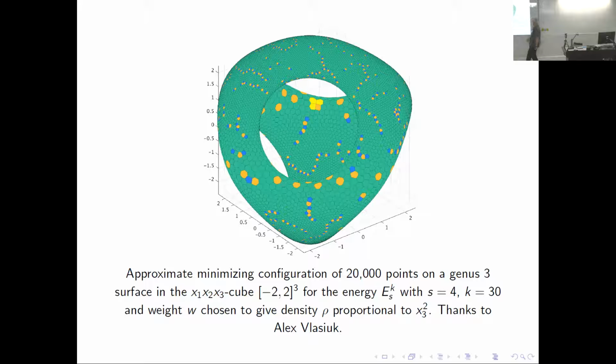Alex chose to make the density proportional to the third variable squared, just for an illustration, not for good reason. In applications, you might want a density that's larger where you have more curvature.